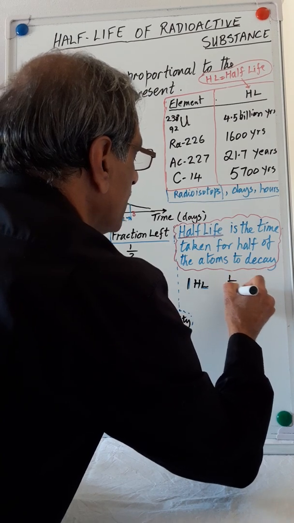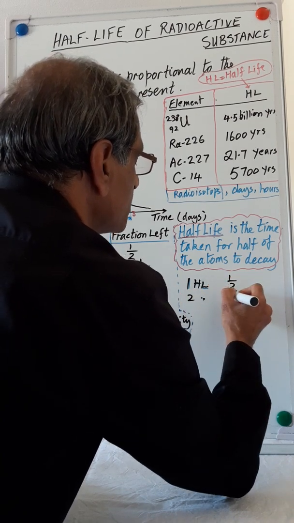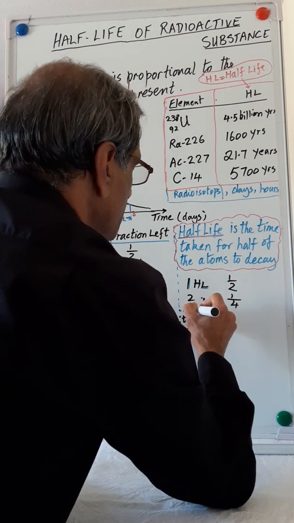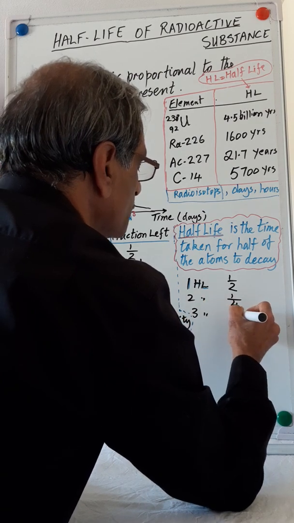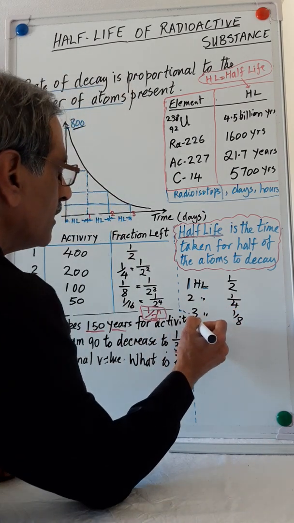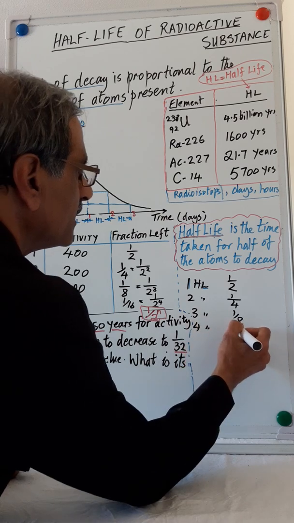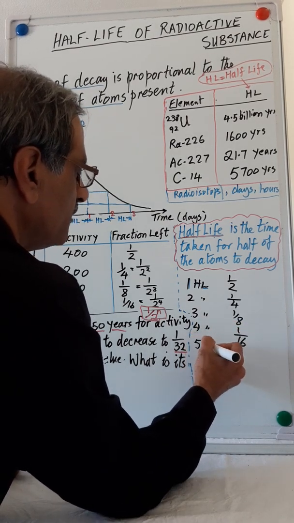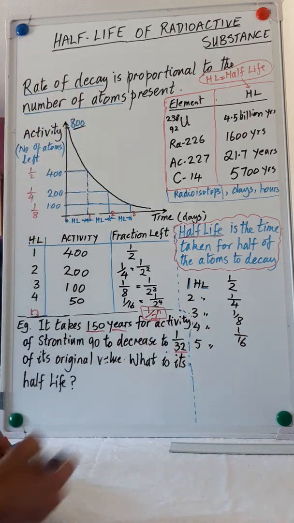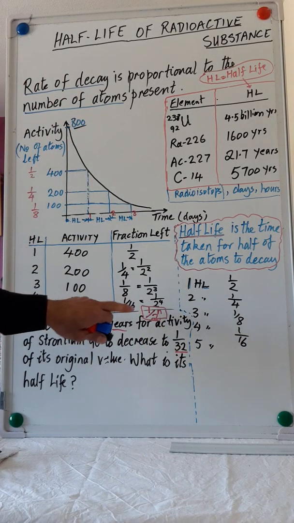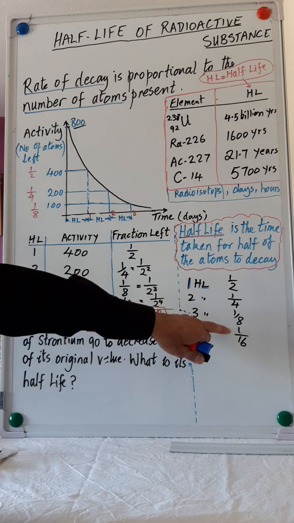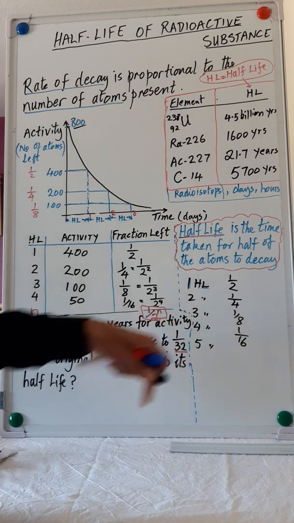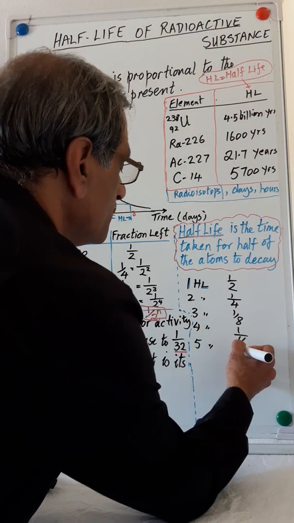the fraction is a half, 2 half-lives is a quarter, 3 half-lives is 1 over 8, 4 half-lives is 1 over 16, and 5 half-lives is half of 1 over 16, which is 1 over 32.